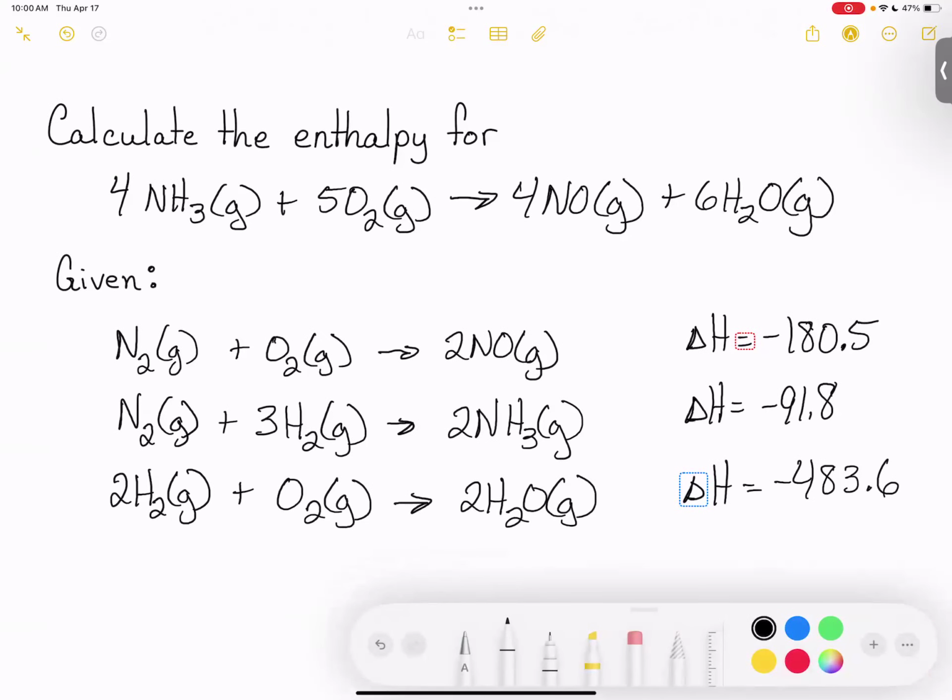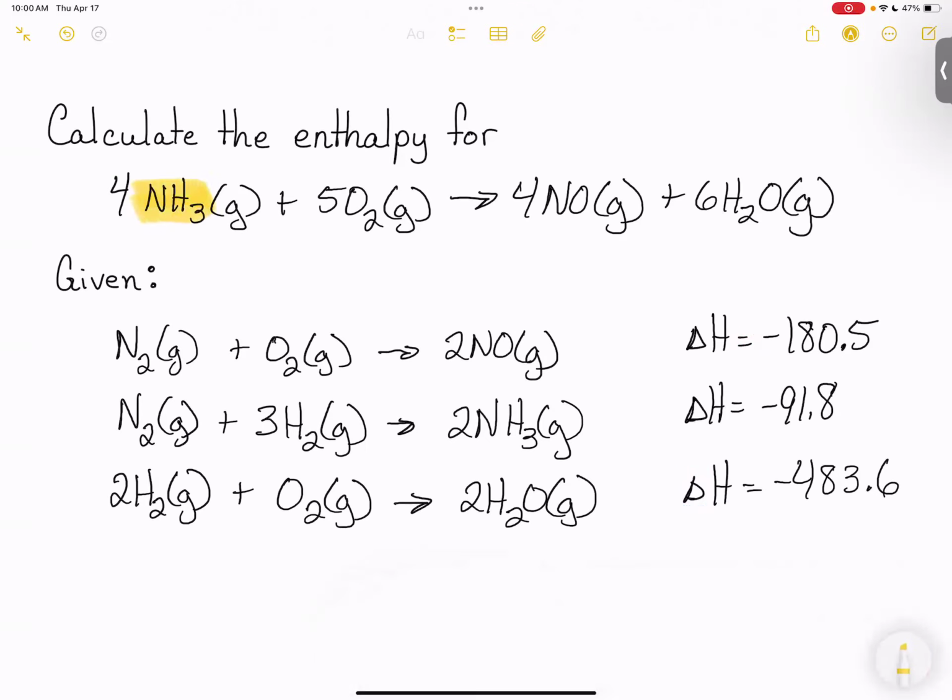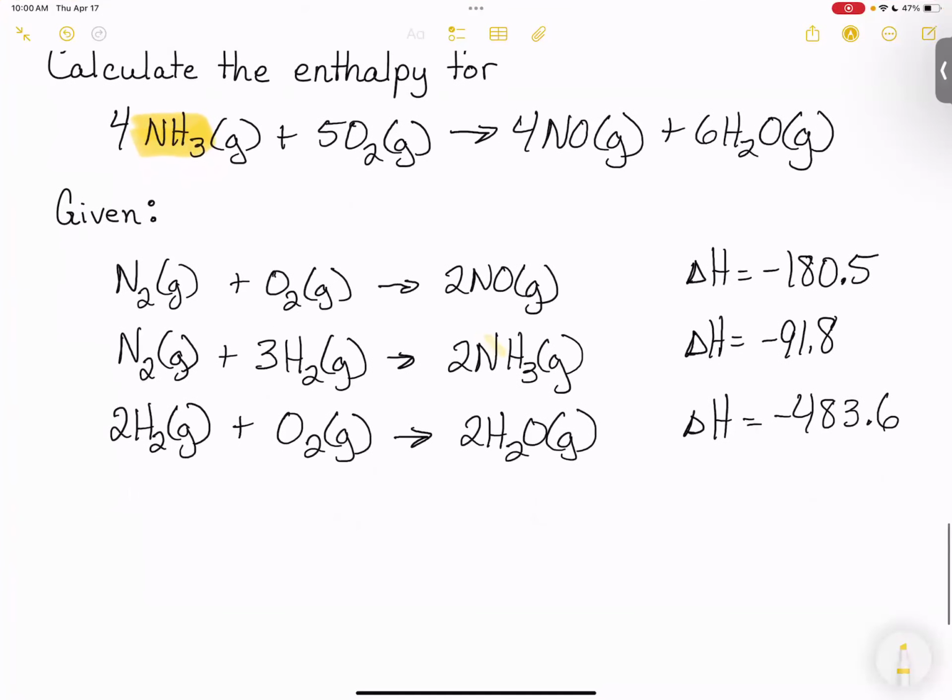The first thing I'm going to do is I'm going to find I have NH3 gas. So I find the equation that has NH3 gas in it. And it just so happens to be the second equation.